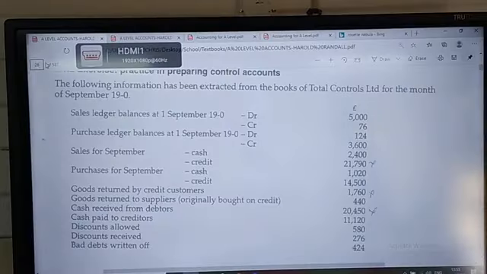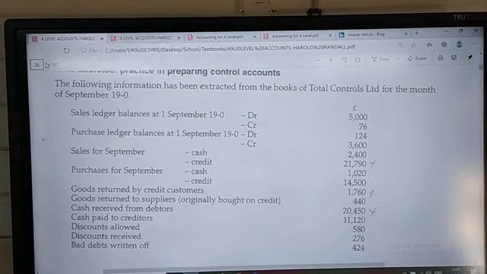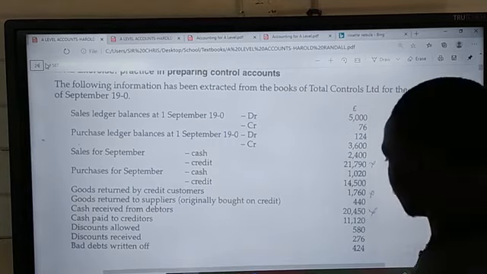If we check from the question, we have goods returned by credit customers. We also have goods returned to suppliers. So let's record that.